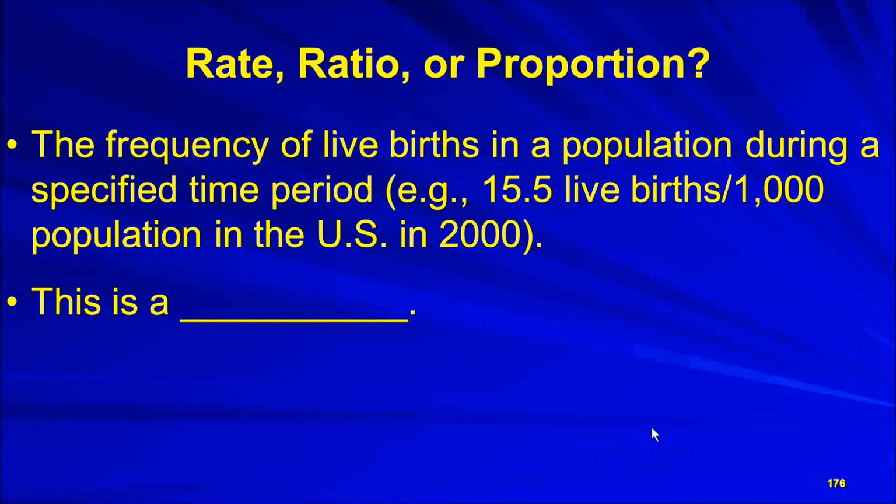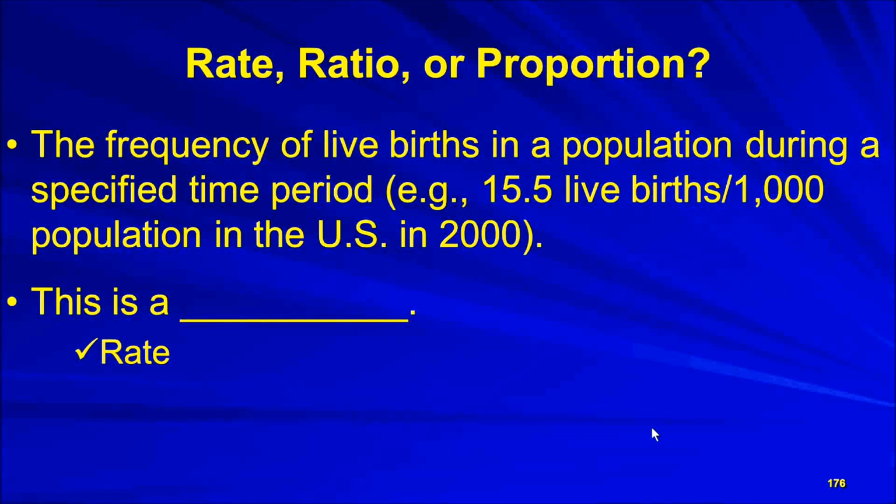We have live births, so we can assume based on the definition that this is a rate. You might think of it as a proportion, but it's not, by the way that it's stated.